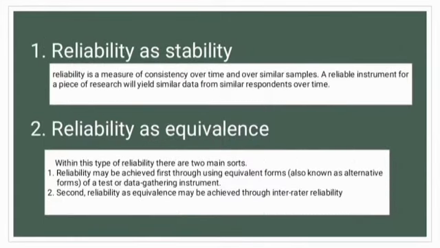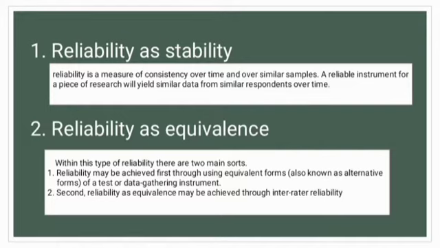First, reliability as stability. Reliability is a measure of consistency over time and over similar samples. A reliable instrument for a phase of research will yield similar data from similar respondents over time. Second, reliability as equivalence.